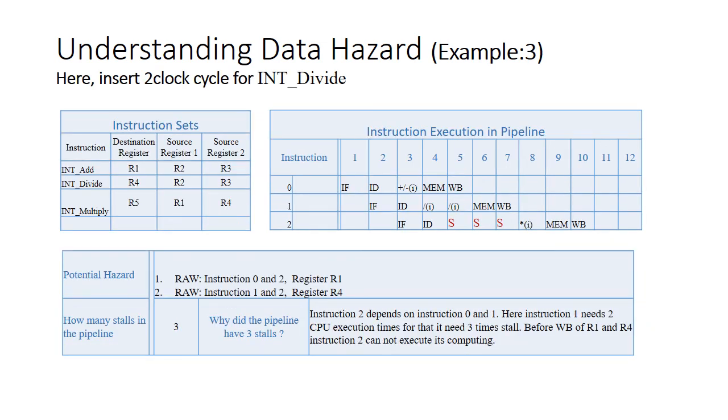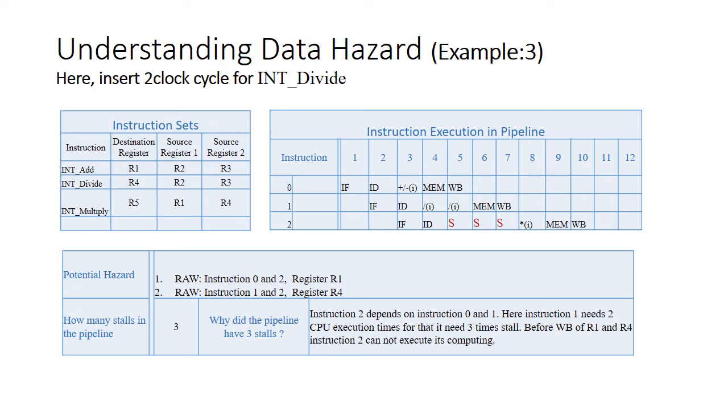Here is another example of data hazard, and in this example there are 3 instructions. Each instruction needs 1 clock cycle, as we already know, but in this example for the divide instruction we set the clock cycle to 2. That means it needs 2 clock cycles for execution of the divide. So here 2 potential hazards occur.